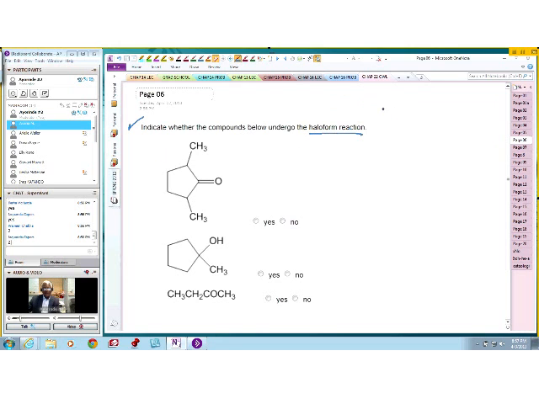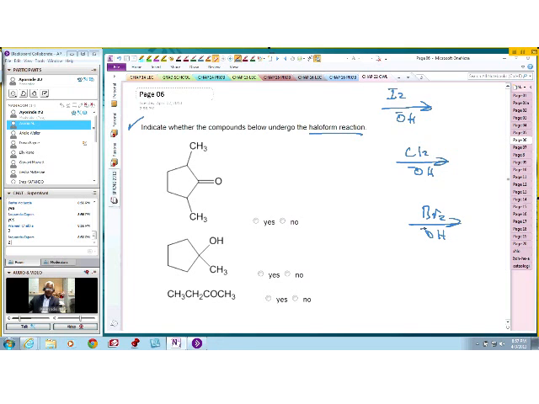Now, they want us to indicate whether the compounds below undergo the haloform reaction. When we say haloform reaction, we mean either the iodoform reaction or the chloroform reaction or the bromoform reaction.